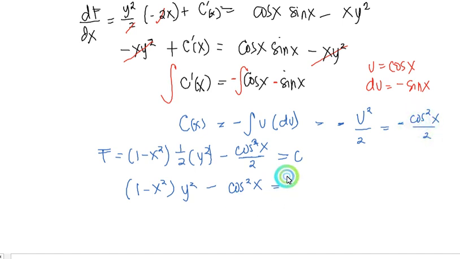Dapat ka nag-multiply ta 2c dapat, pero since arbitrary constant lang man siya, c lang sa Japon. So, we have 1 minus x squared, y squared, minus cosine squared x is equal to c. This now will be aton nga final answer.